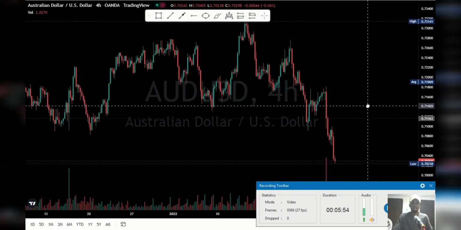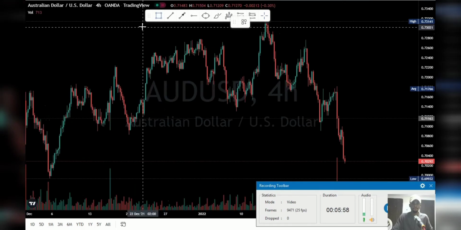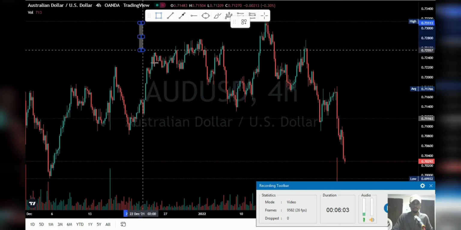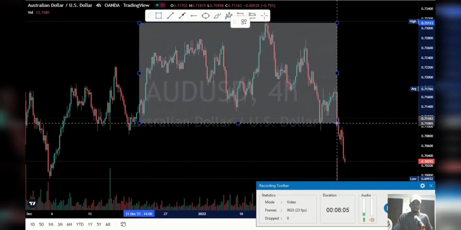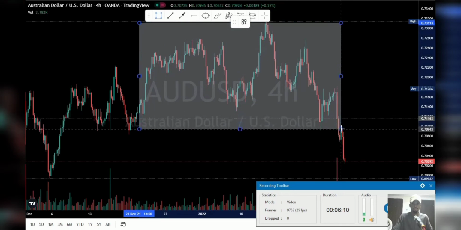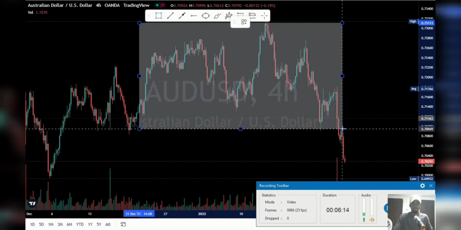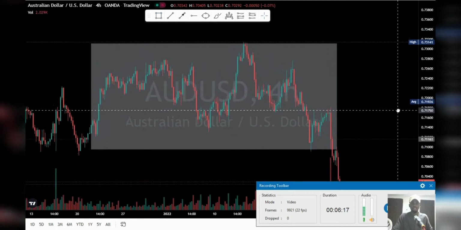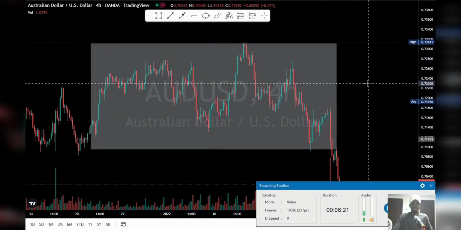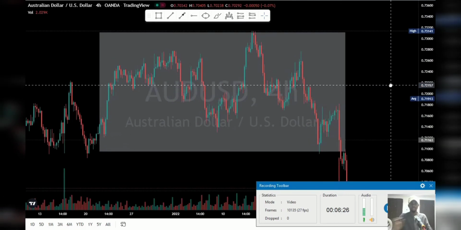Okay, I think I have one here. Okay guys, let's take a look at this sideways trend. It's a little bit tricky, but let's just make use of this.